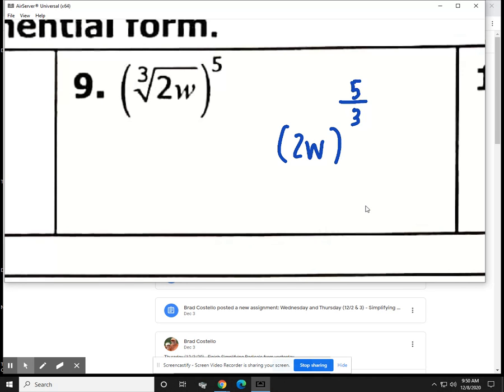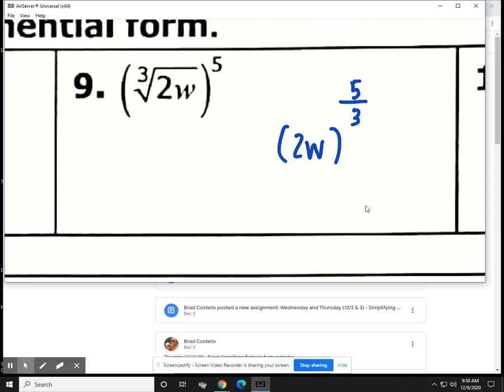And here's why. Okay, let me show you why. Because this is a good question to ask because a lot of people don't understand why this is the case. Technically, what we have here, the way it's written, we have 2w raised to the 1/3, and that's raised to the 5th power. Well, if you think about it, when you do a power to a power, you just multiply.